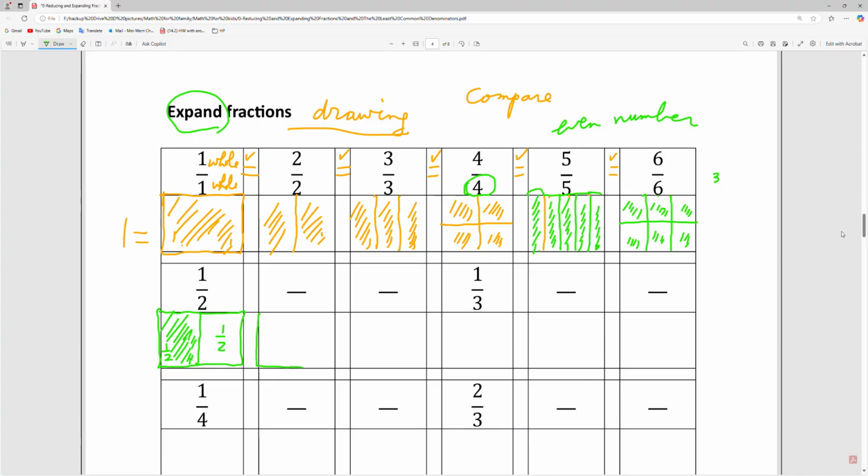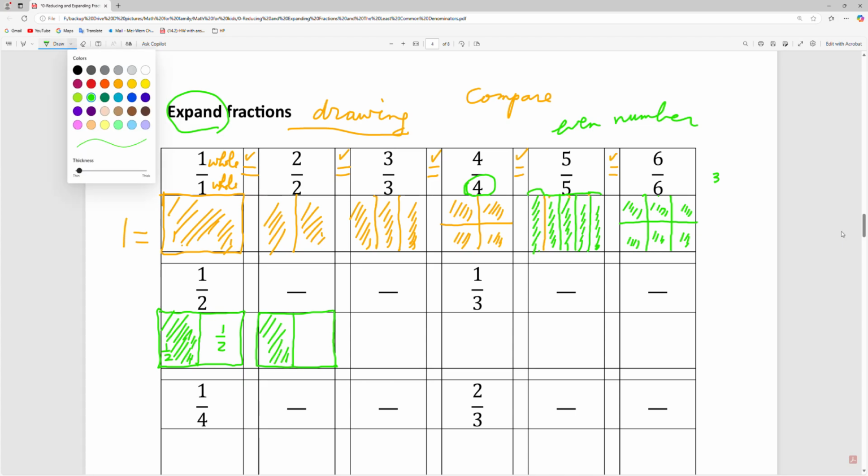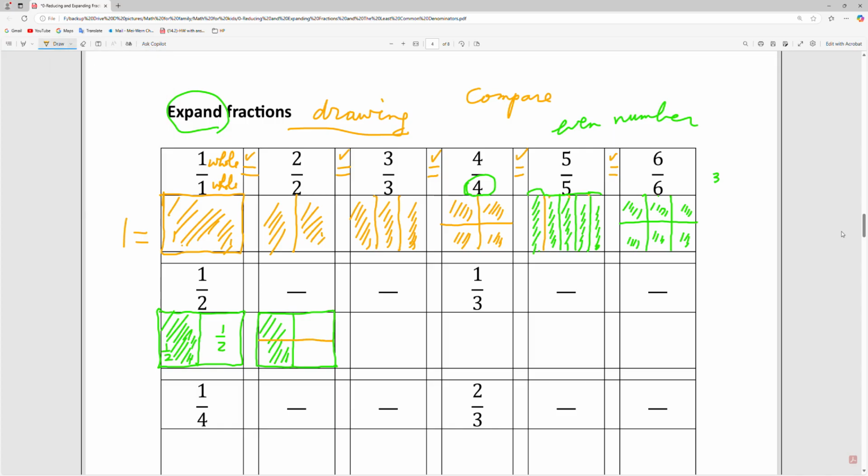Now, if I ask you to expand the fraction, originally you have 1/2, right? How do you expand? You may do it this way. You can cut in 2. Okay? Now you have 1, 2.